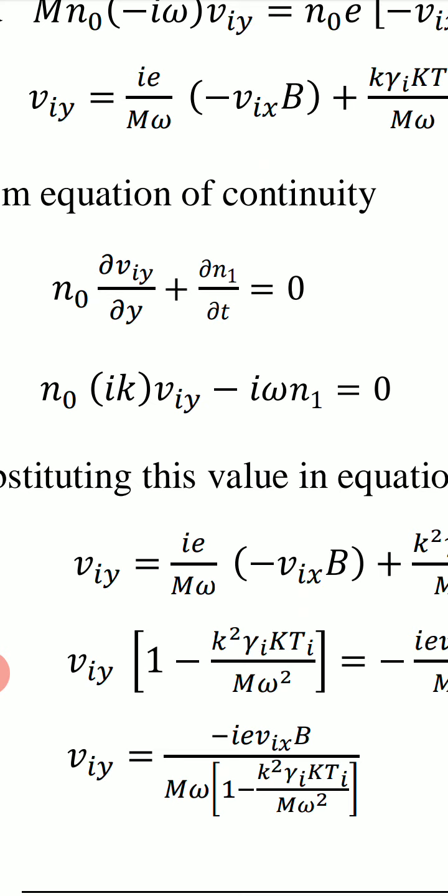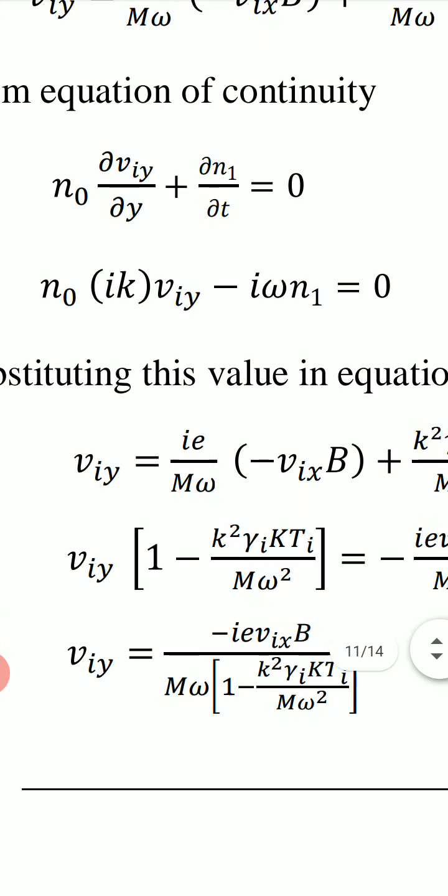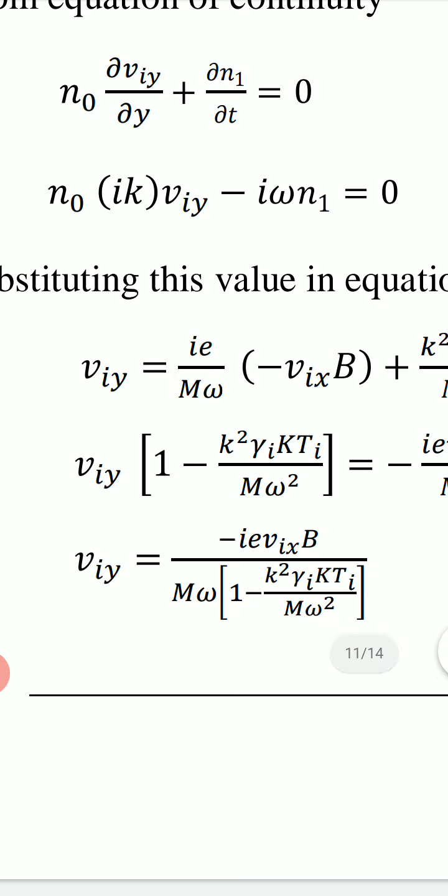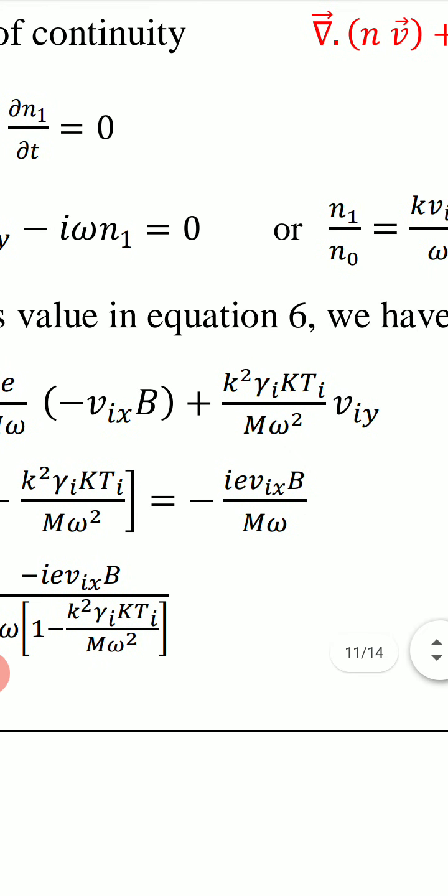Now put delta upon delta y as Ik and delta upon delta t as minus I omega. This equation reduces to N0 Ik VIY minus I omega N1 equal to 0.